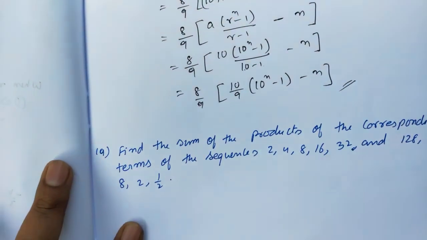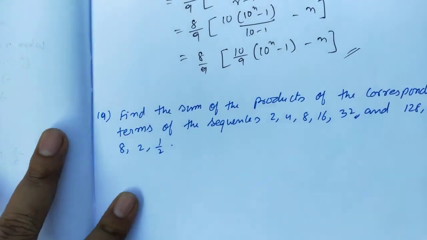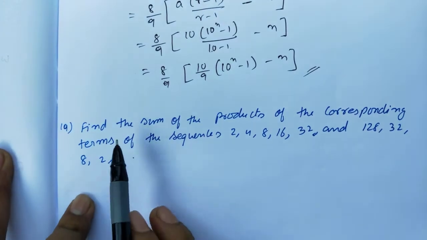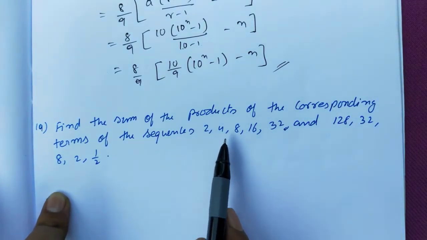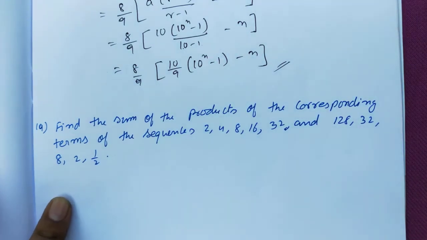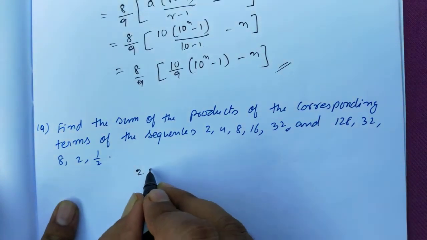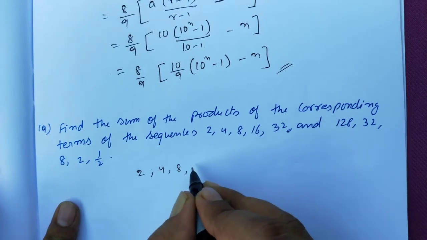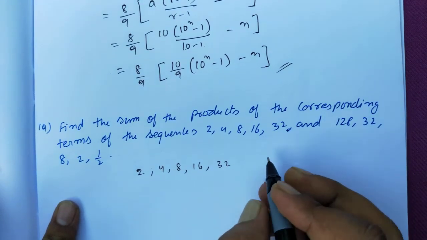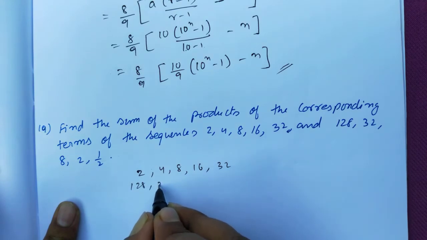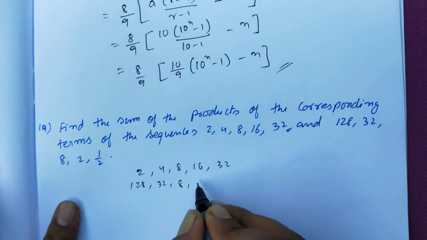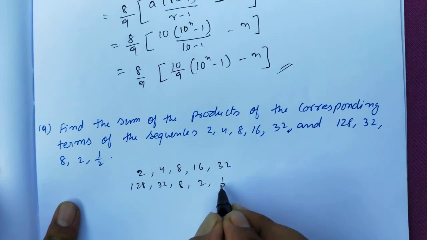Let's do question number 19. Find the sum of the product of the corresponding terms of the sequence 2, 4, 8, and this. So first sequence is 2, 4, 8, 16, 32. And second one is 128, 32, 8, 2, 1/2.